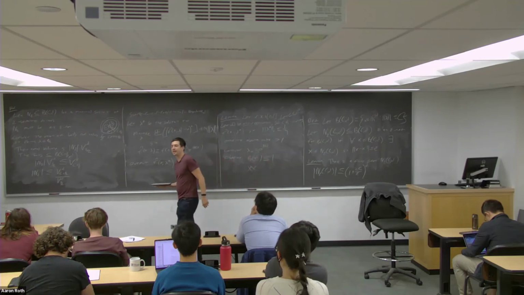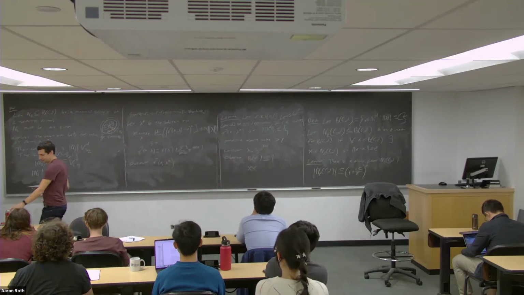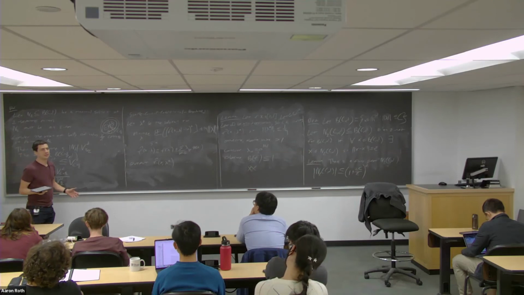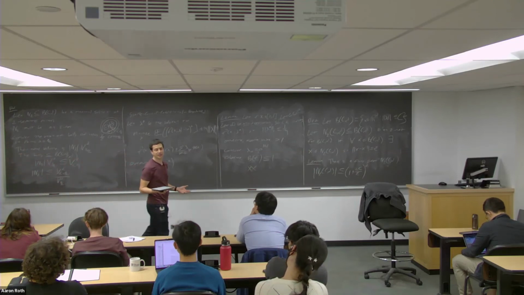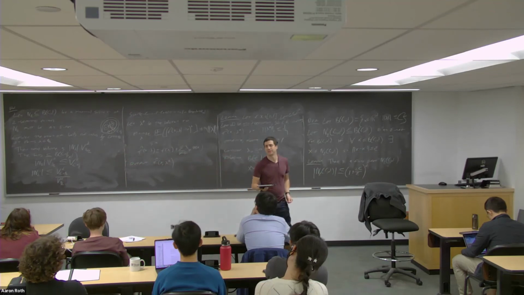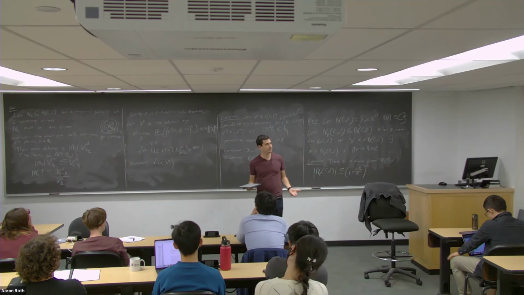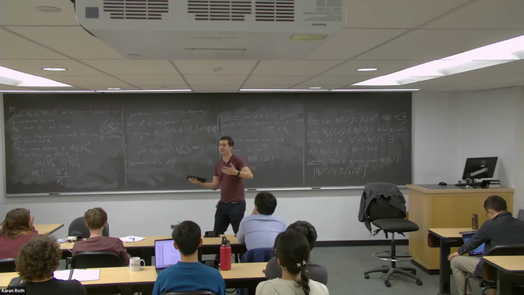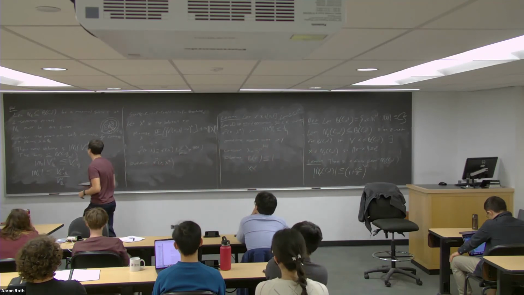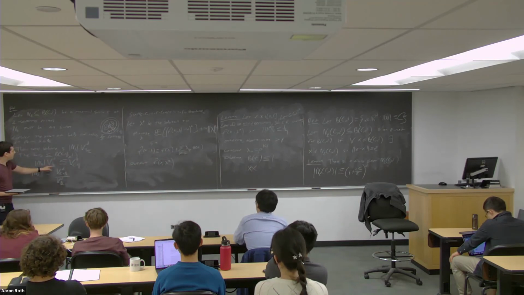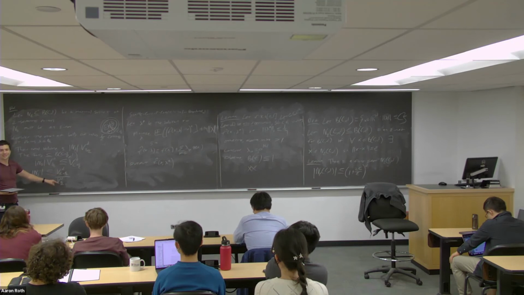If I have an object and I scale it up by a factor of 3, how much has the volume changed? Well, in 3 dimensions, by 3 cubed, and in d dimensions by 3 to the d. That's true for balls of any norm. And so this is just the ratio of the radii raised to the dth power.